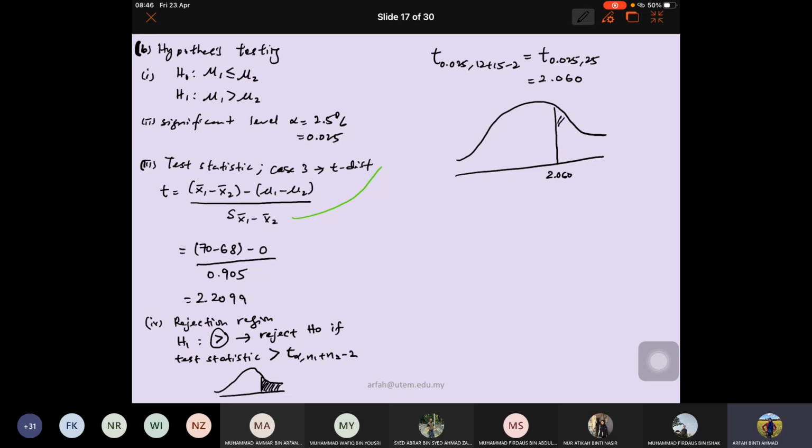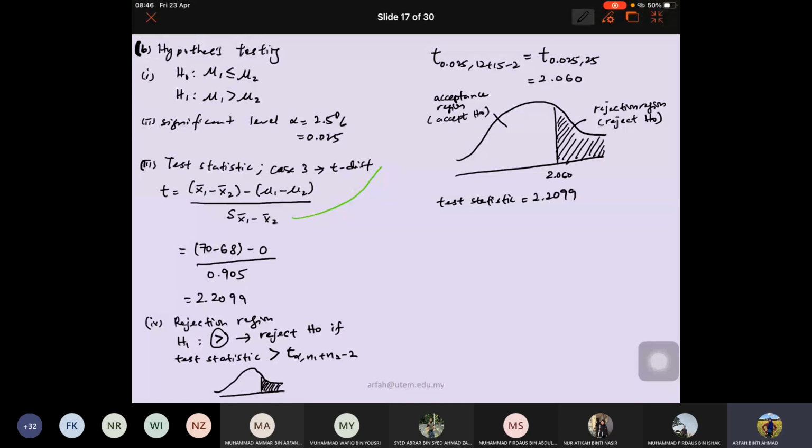Okay. So, ini adalah dia punya rejection region. This is the rejection region. That is reject H null. Dan ini adalah acceptance region. That is accept H null. So, test statistik kita dapat sama dengan 2.2099.